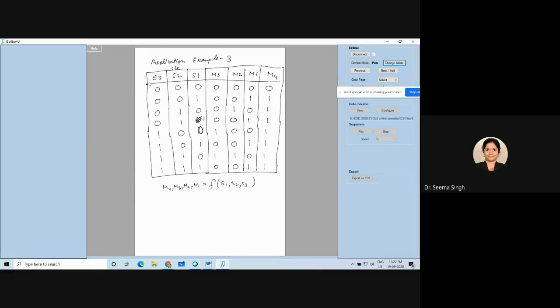So other things become don't care for M1. So when I write my M1 equation, that becomes equal to S1, because S2 and S3 are not cared about by M1, right? Even if they are 0, even if there is 1, M1 does not bother. So that is why M1 will become equal to S1. How many of you have made a K-map of S1, S2, S3 for M1?